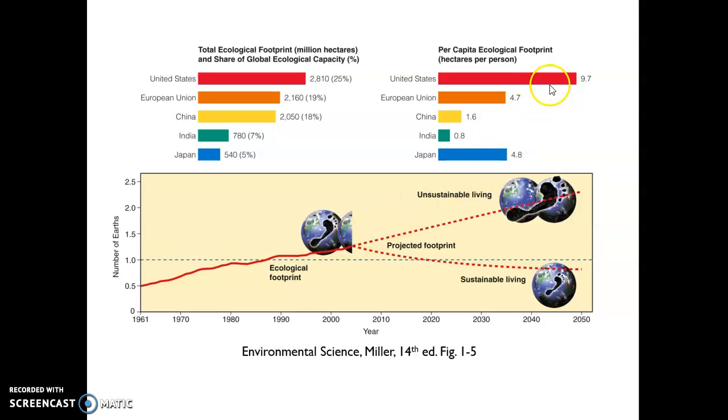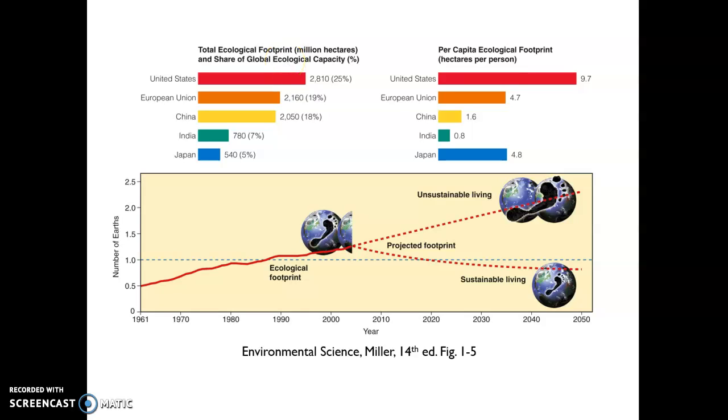And again, you see the United States here versus places like China and India and other places like the European Union and Japan. But on the left side, it factors in the size of that particular country's population. And that provides something called the total ecological footprint and share of global capacity.